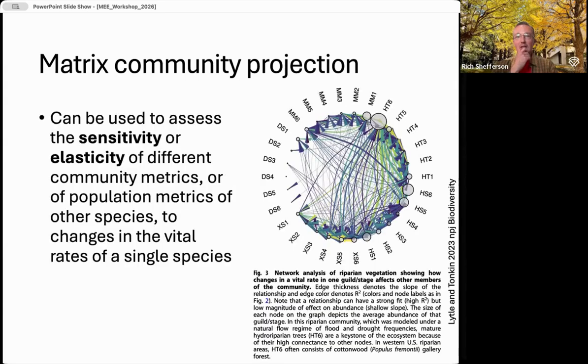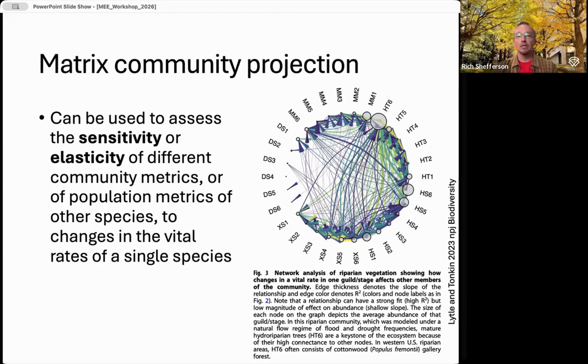One of the reasons that people are interested in this approach is because it assumes a reductionist approach to communities that allows you to test certain kinds of null models or other sorts of models for how communities might behave across time. So you could develop these matrix community models, project them forward, and then assess both their impact on basic community metrics, or how one population reacts to changes in another population within the same community.